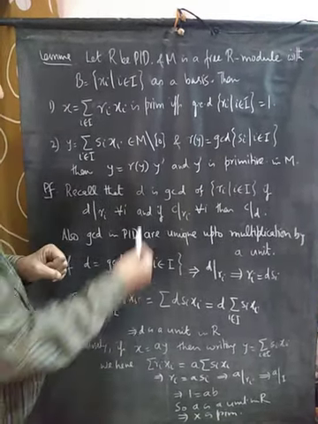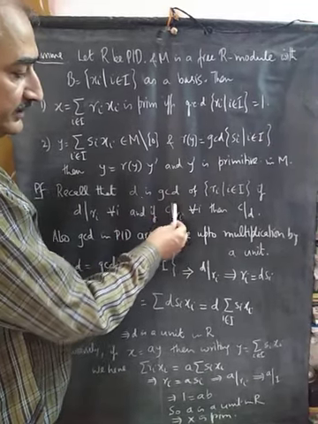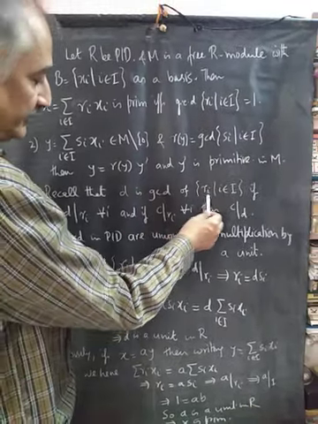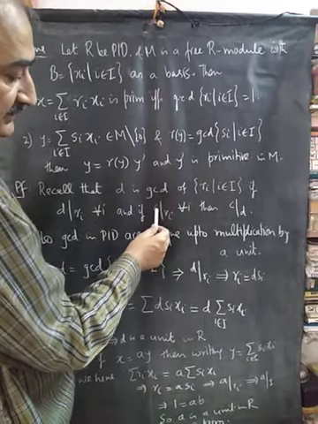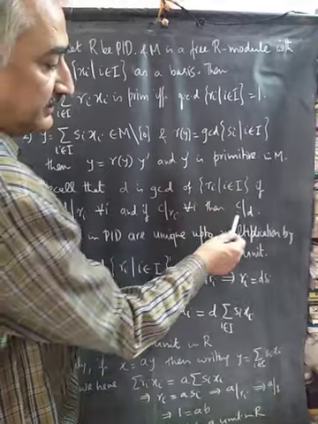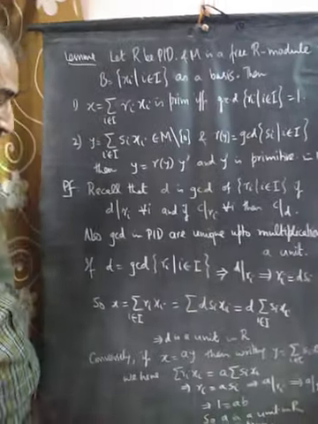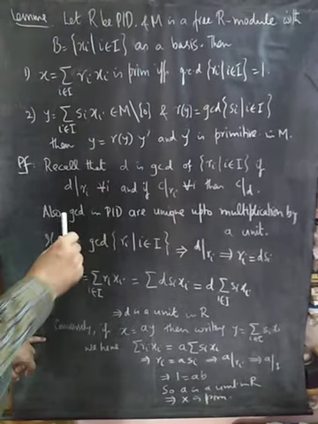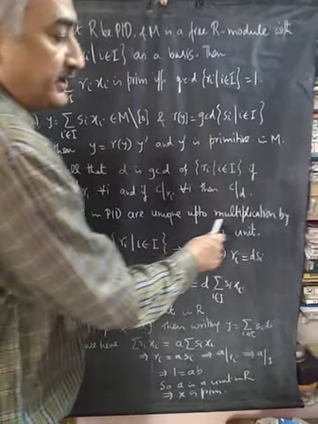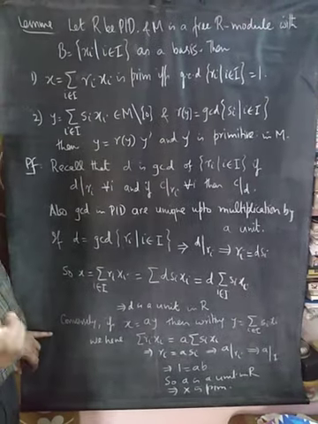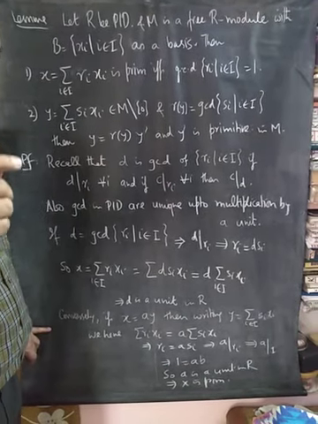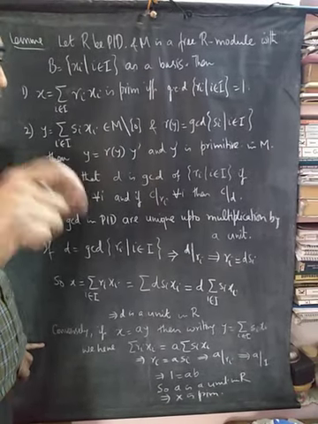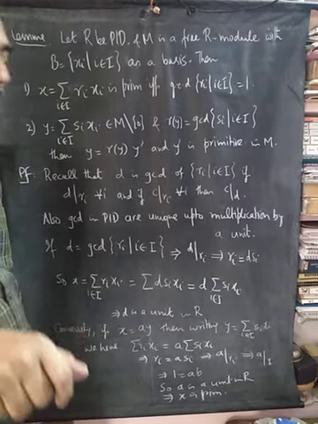Recall that an element d is a GCD of a set like this if d divides every r_i, and if there is a c which also divides every r_i, then that c should divide d. Another thing which you must recall here is that the GCDs in a PID are unique up to multiplication by a unit, which means that if some x is the GCD, then a unit times x, ux, is also a GCD.